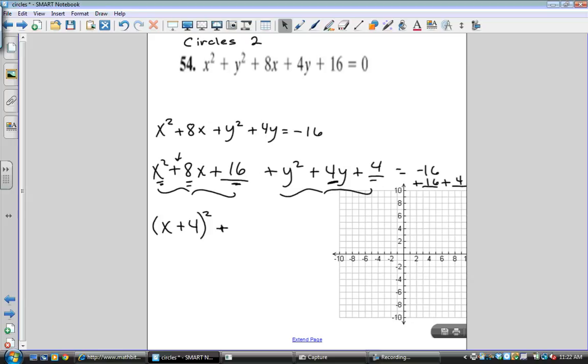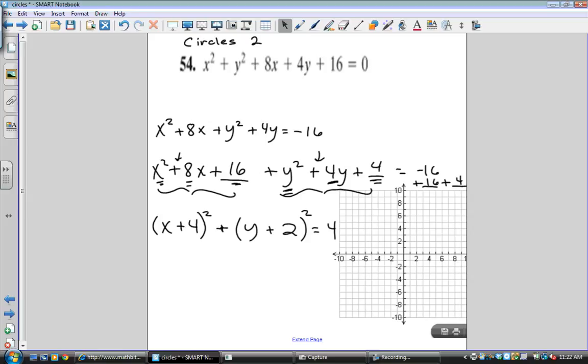And now for my y part here, the square root of y squared would be y. The square root of that 4 would be 2. And again, I'm going to use the first sign. Okay, now on the right side, let's combine all those terms. Negative 16 and 16 would just be 0, and so that would just leave me with 4. Okay, so that's how we get it to standard form.